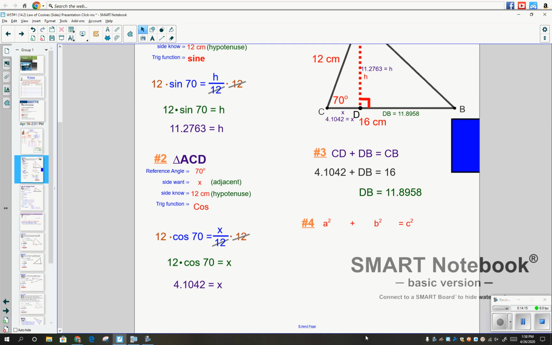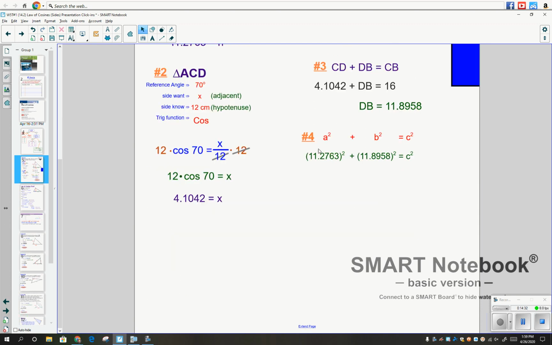A squared plus B squared equals C squared. A being the height, which is 11.2763. B being the leg we found at the bottom, which is 11.8958. Square both of those sides.